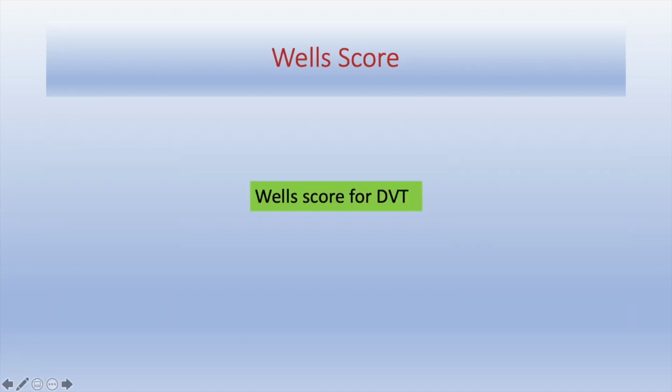If you suspect DVT or unilateral limb edema with redness and swelling, the Wells score is a standard tool used to decide whether this patient could possibly have a DVT.